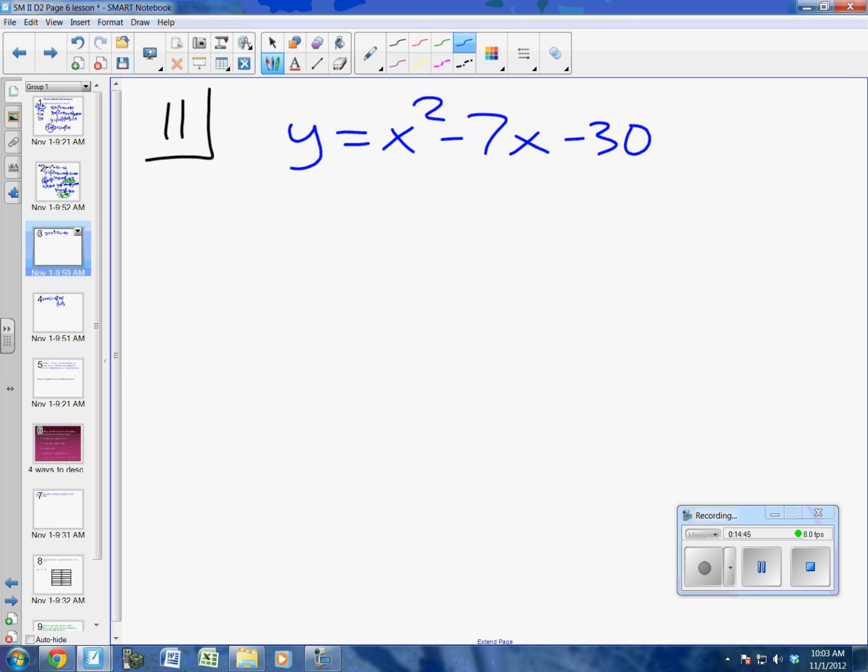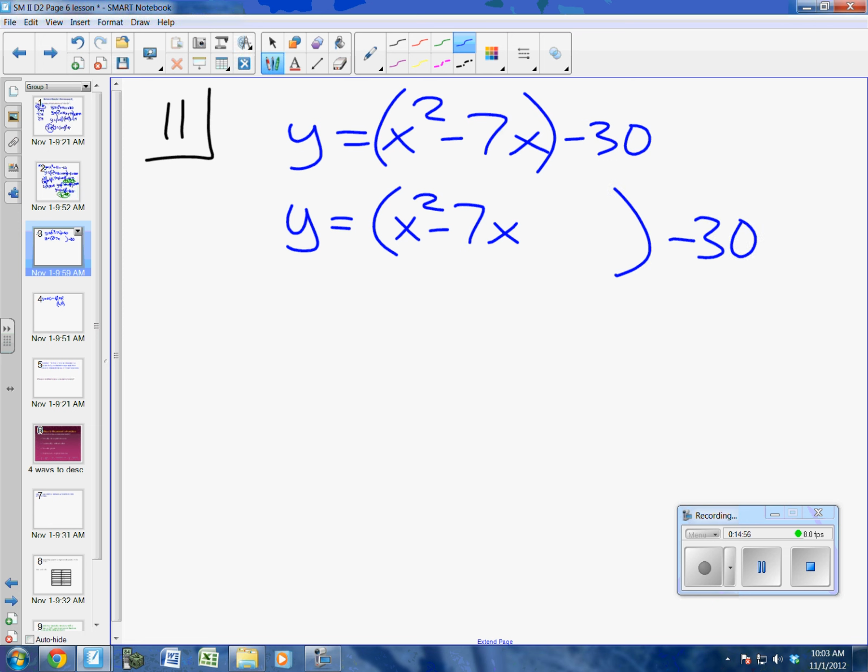This is what you do. You group the first 2 terms, first of all. So, I'm going to show you right here, x squared minus 7x. I'm going to leave a space, and I'm going to put the minus 30. Since 7 is an odd number, it's going to be a fraction, right?